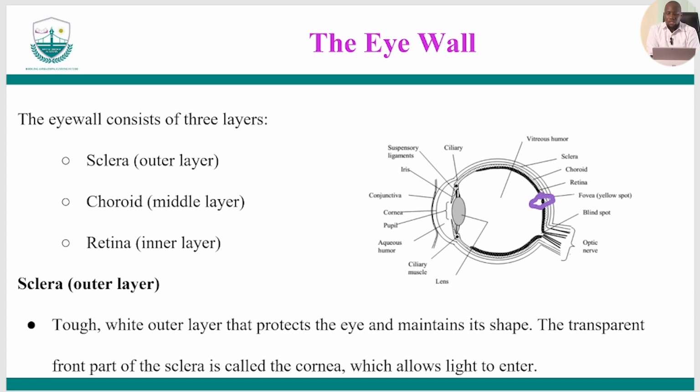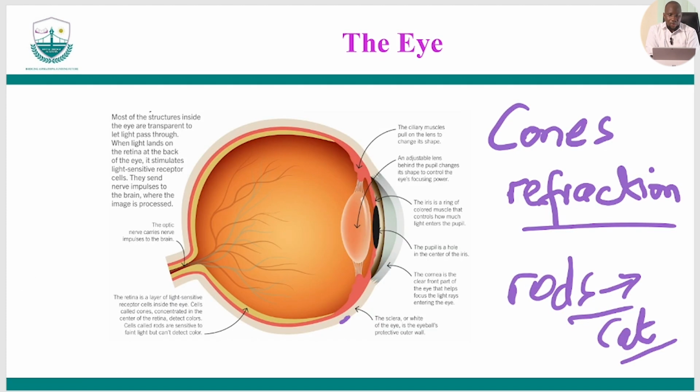That point is very important because it contains many cones. The concentration of cones around that point is very high, and therefore you can easily get the clearest picture when the rays are focused on the cones. So that is another point that you need to be aware of.